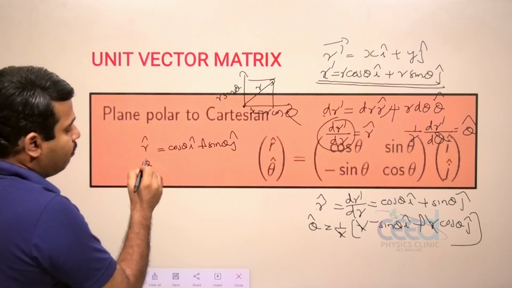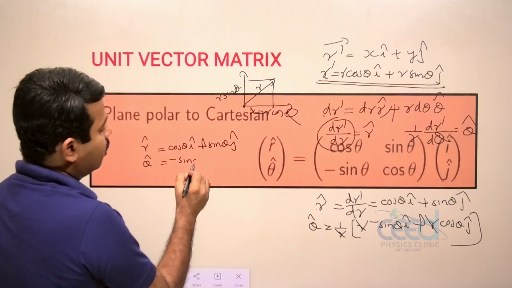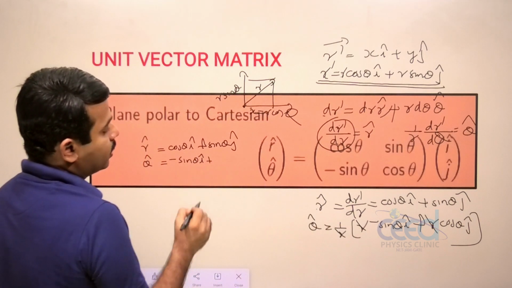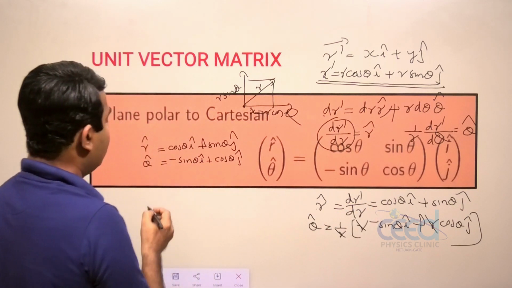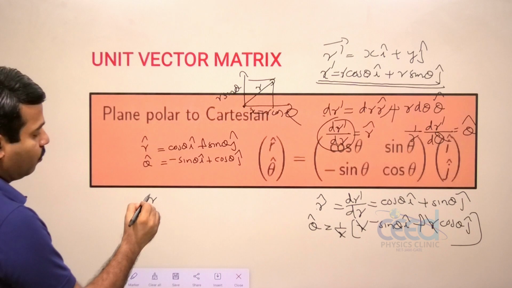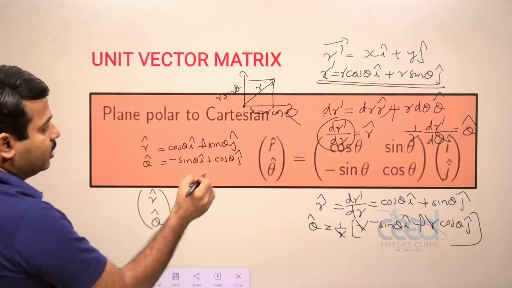Now what is theta cap? Minus sin theta i cap plus cos theta j cap, alright. Now I can represent this in the matrix form. r cap, theta cap is equal to, what is this matrix?